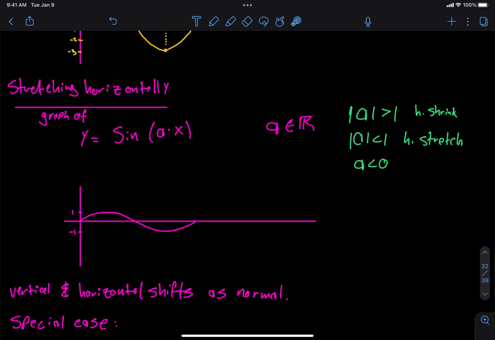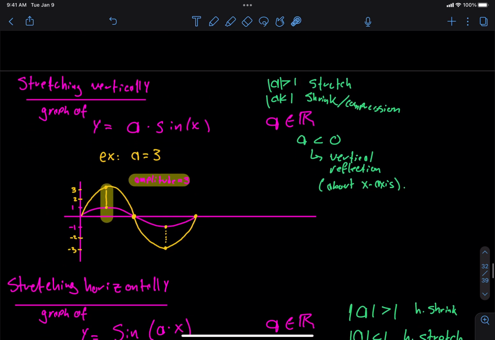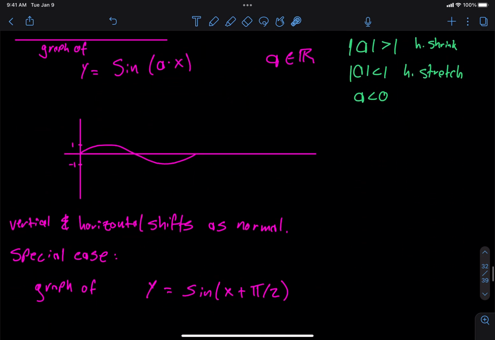Yeah, Sully's got it. It's going to be a reflection. So just like from above, when a is less than 0, it's like multiplying by a negative, right? So if we have a negative sign inside, the negative sign is going to cause us to have a horizontal reflection, which horizontal reflections are about the y-axis.